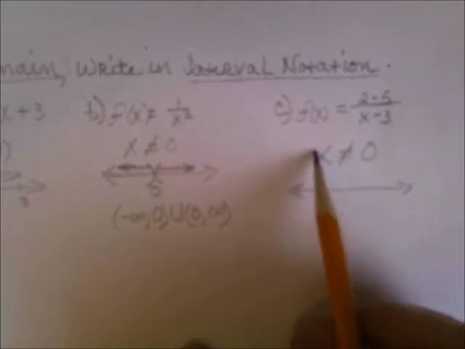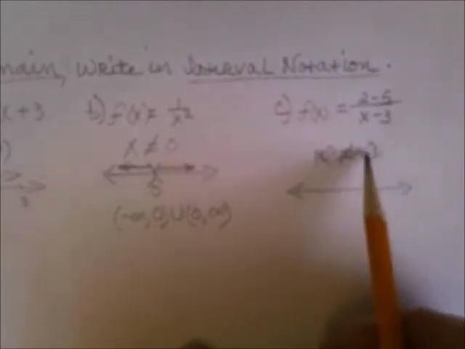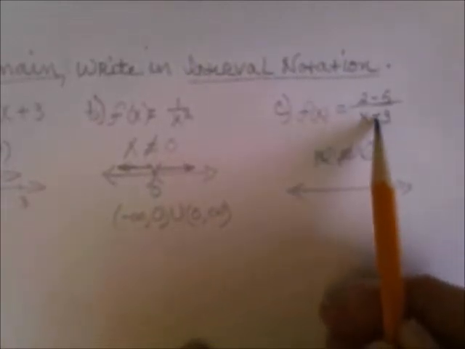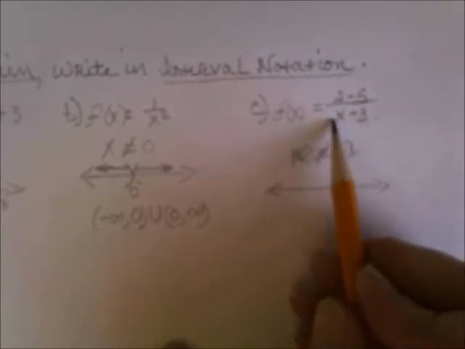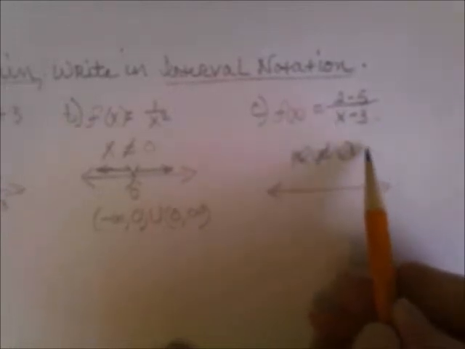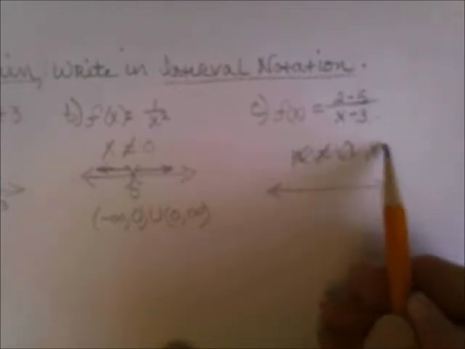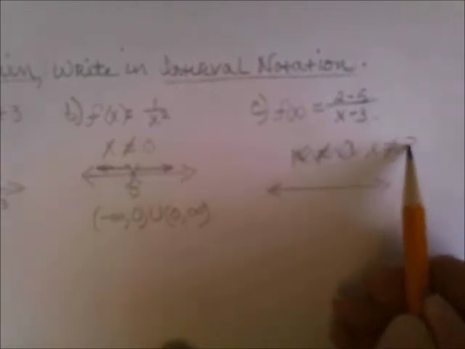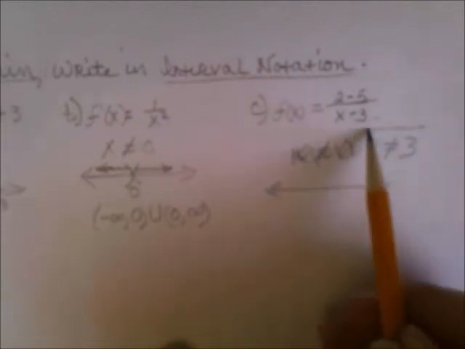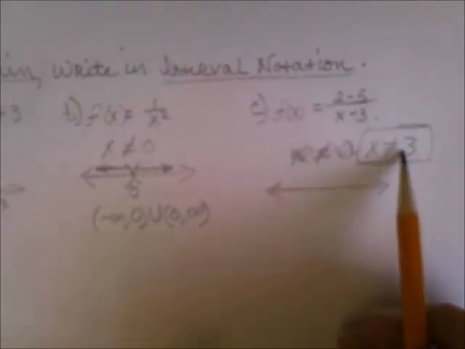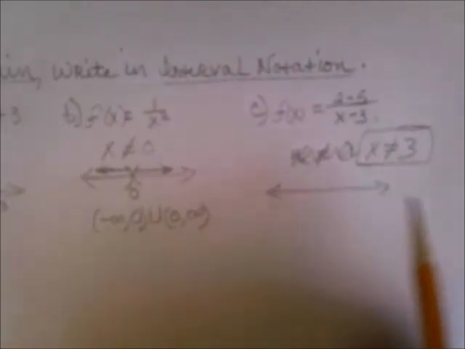Oh, I goofed there a little bit. On the bottom, whatever's on the bottom can't be equal to 0. Therefore, what value of x would give you 0? Well, that would be 3. So x cannot be equal to 3 because that would give us 0, and we can't divide by 0.